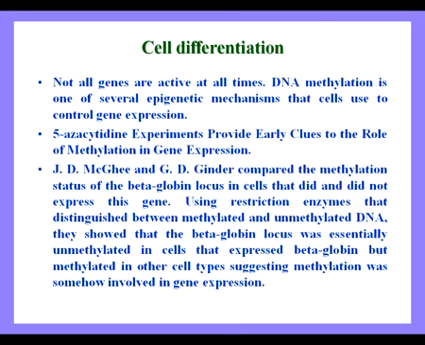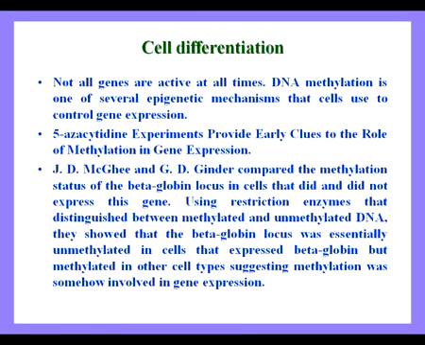Using restriction enzymes that distinguished between methylated and unmethylated DNA, they showed that the beta globin locus, this is important, was essentially unmethylated in the cells that were producing beta globin. In cells where the beta globin protein was not present, the gene was found to be methylated. We have already discussed that methylation leads to compaction of the nucleosomes and demethylation leads to relaxation of the DNA.